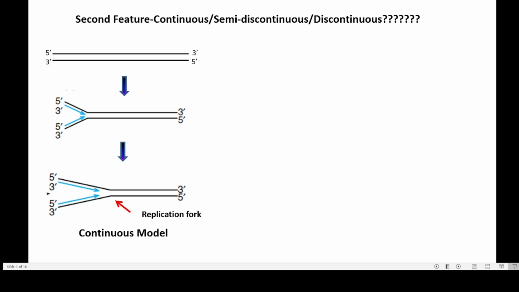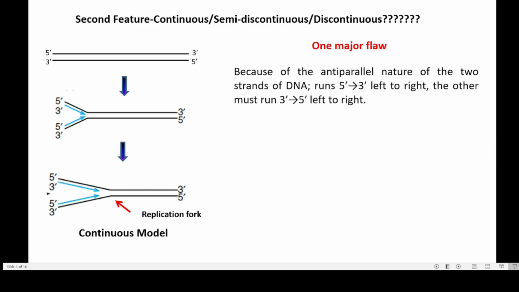However, this scheme has a major fatal flaw. It demands that the replicating machine be able to make DNA in both the 5' 3' and 3' 5' directions. That is because of the anti-parallel nature of the two DNA strands. If one strand runs 5' to 3' left to right, the other must run 3' to 5' left to right.